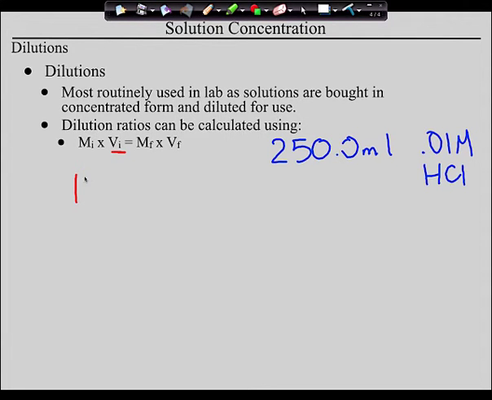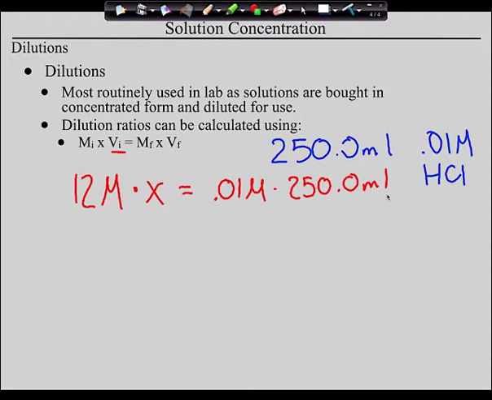So what does the solution look like? Well, you'd write down the equation first, but it's already there: 12 molar times X. What volume of 12 molar do we need to make a 0.01 molar solution, and we want 250 milliliters of this stuff?